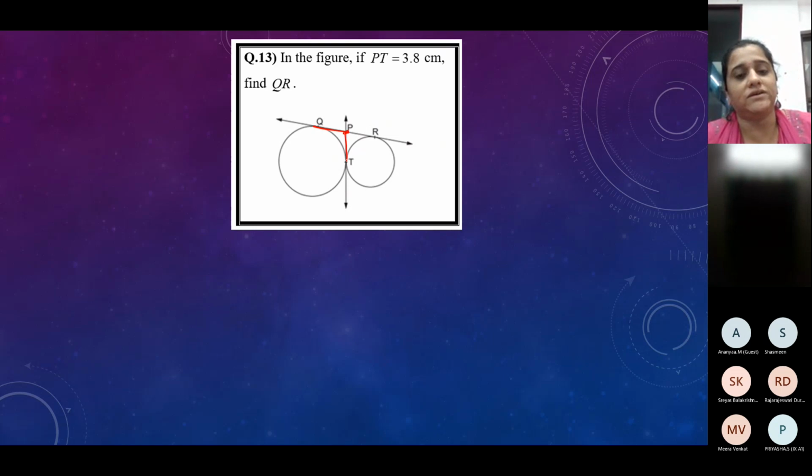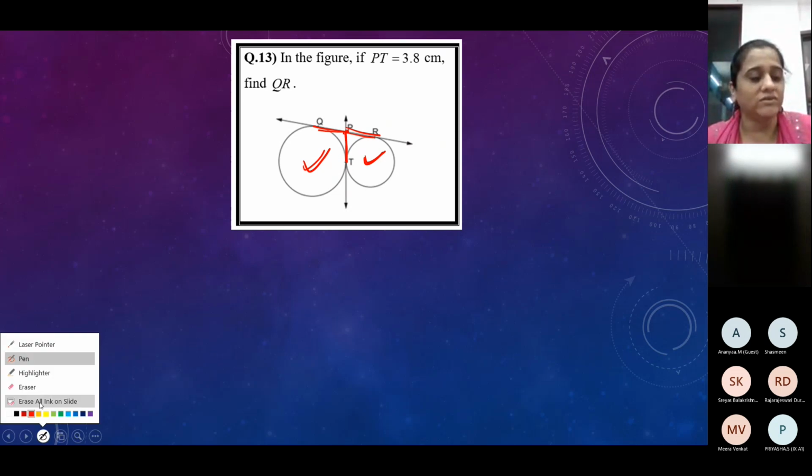PQ is equal to PT for this circle because tangents from an external point of the circle are equal. Then PT is equal to PR for this circle. Same reason. Tangents from an external point of the circle are equal. P is a common outside point to both the circles.